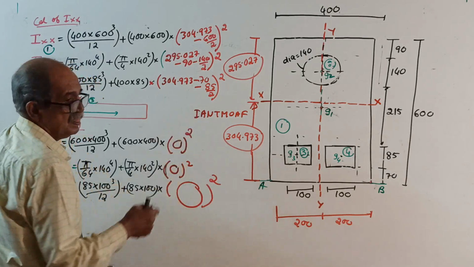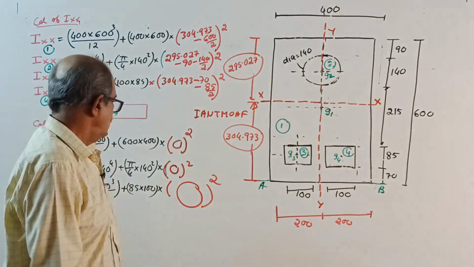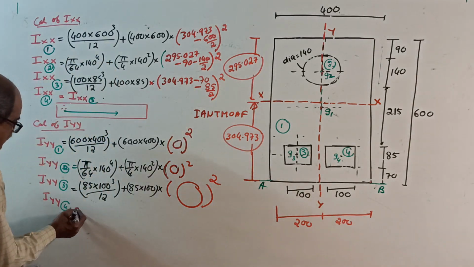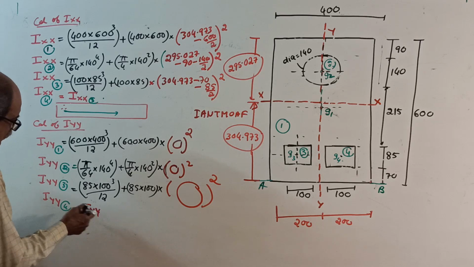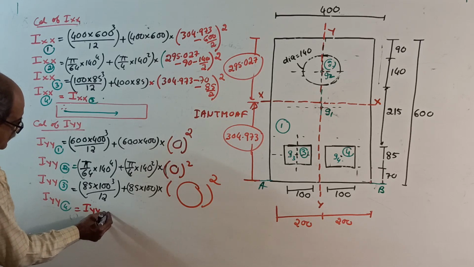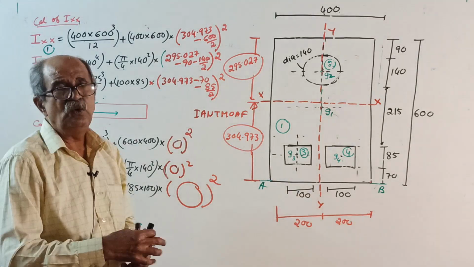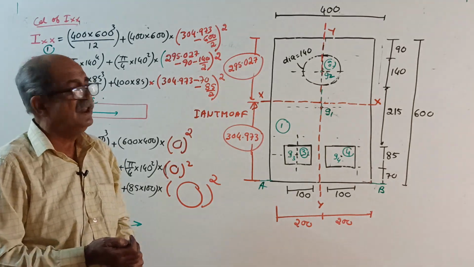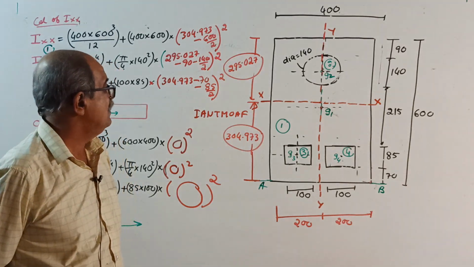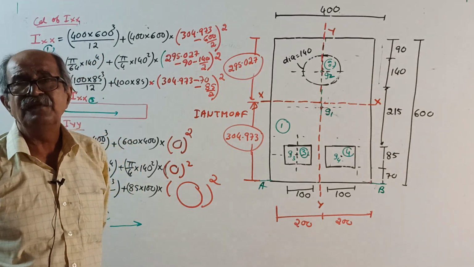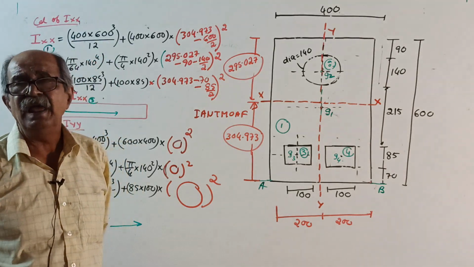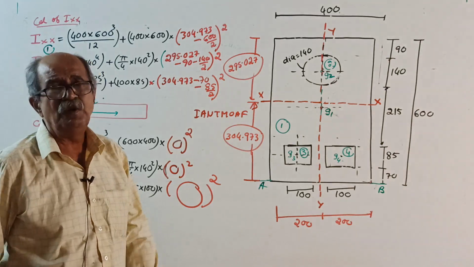Calculate. Now Iyy for 4, don't waste time, equal to Iyy for 3. Now finish the formality. Therefore, final Iyy equals Iyy for 1 minus Iyy for 2 minus Iyy for 3, or combined Iyy for 3 into 2, that will also do.